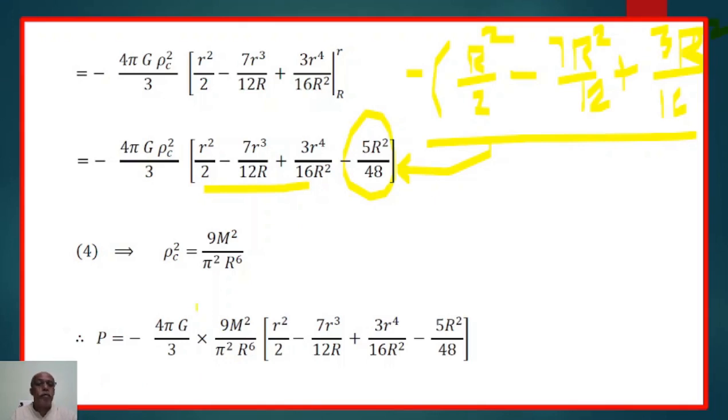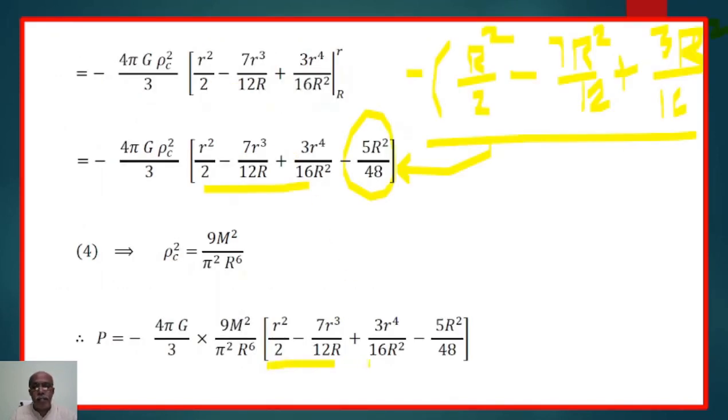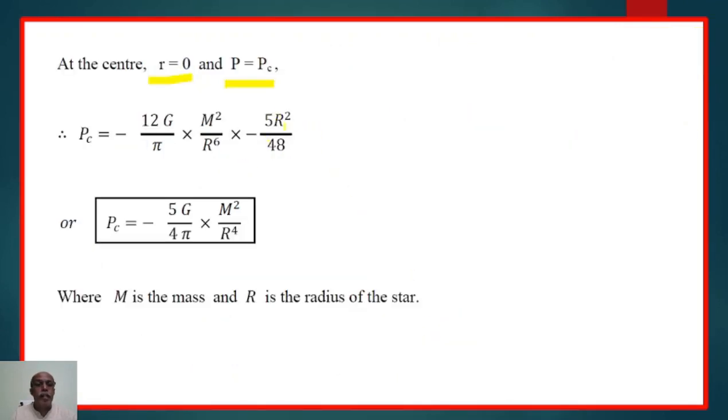Now, at the center of the star, small r becomes 0 and P becomes Pc. When small r becomes 0, all these terms are eliminated except the last term, so it is minus 4 pi G by 3 into 9M square by pi square R to the power 6 into the last term.